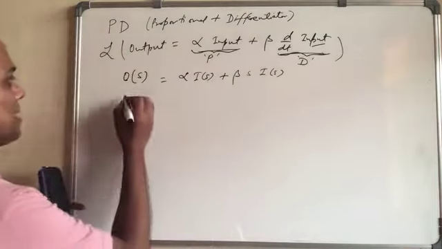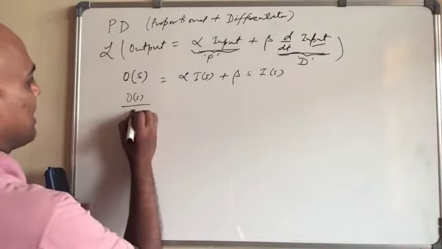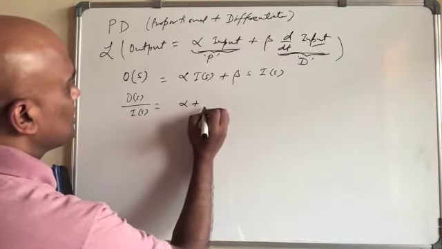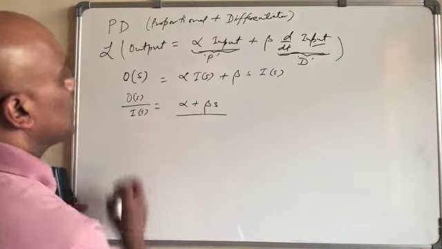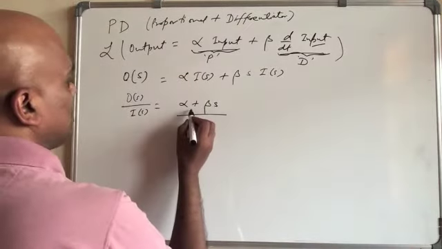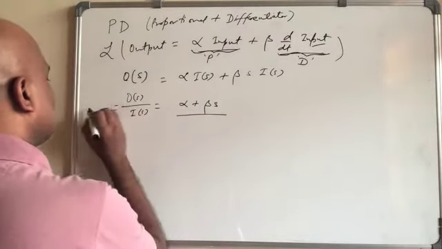And hence O(s) divided by I(s) will be equal to, what do you get? You get alpha plus beta s. So the PD circuit will have this kind of transfer function.